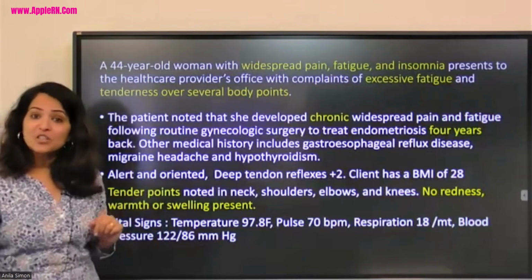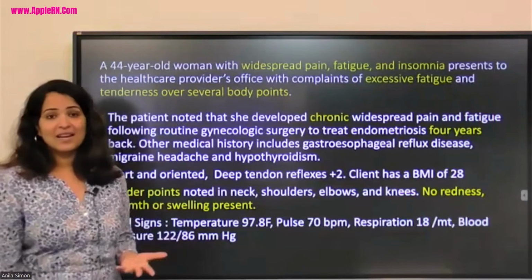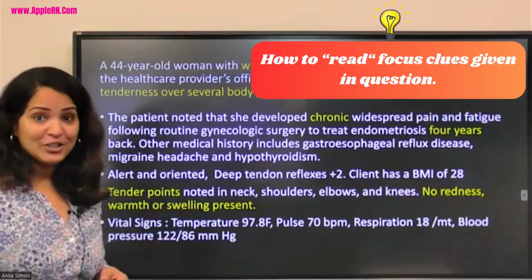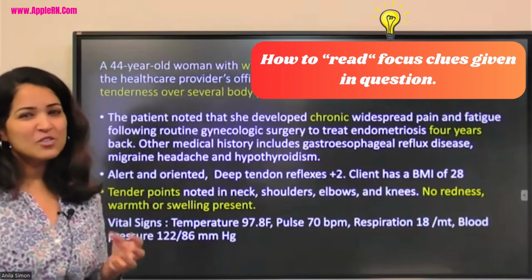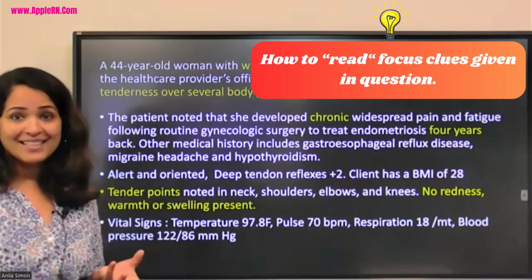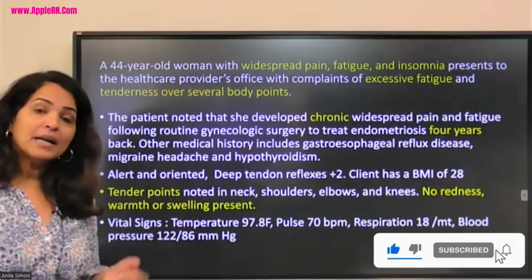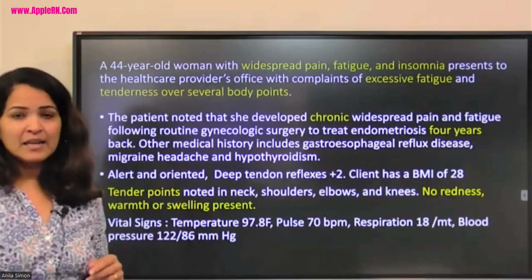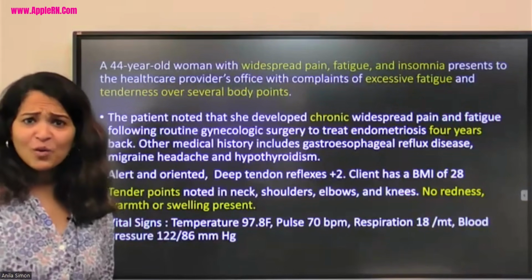And we know this is not rheumatoid arthritis or osteoarthritis or anything like that, because there is no inflammation. No redness, no warmth, no swelling. Usually, joints get inflamed in rheumatoid arthritis, and there will be autoimmune problems which can happen. But here, there is nothing like that. It's just pain and fatigue. And her vital signs, there is nothing really bad there, right?